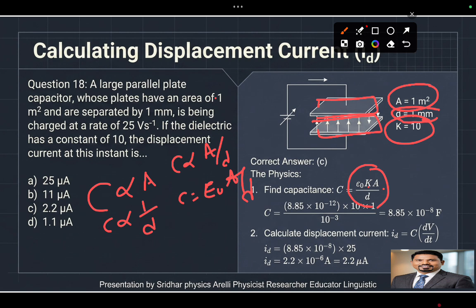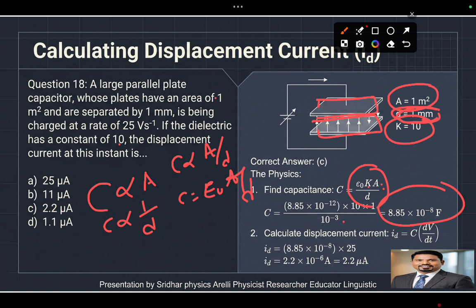Replace the data. Epsilon naught is 8.85 into 10 to the power of minus 12. Area of the plate is 1 meter square. Dielectric constant is 10. And the spacing is 1 millimeter, that means 10 to the power of minus 3. It is clear: the area is in meters, so the spacing also should be in meters. After replacing, C equal to 8.85 into 10 to the power of minus 8 farad.